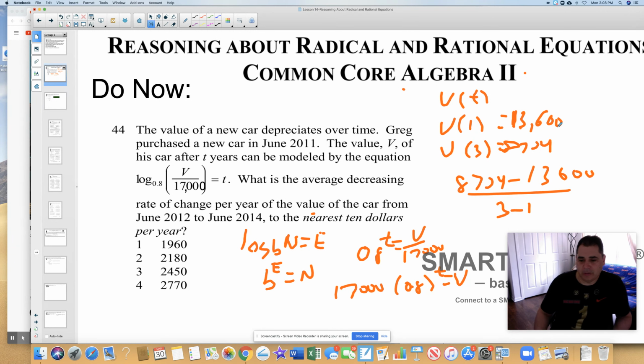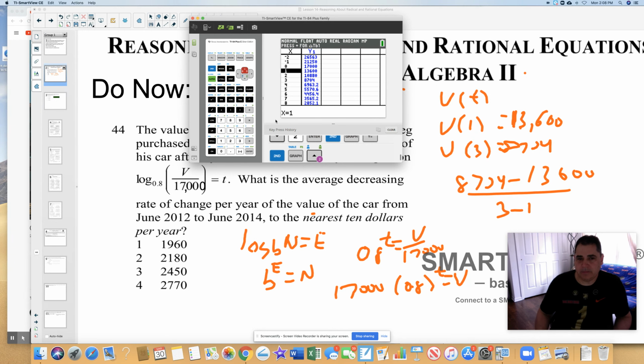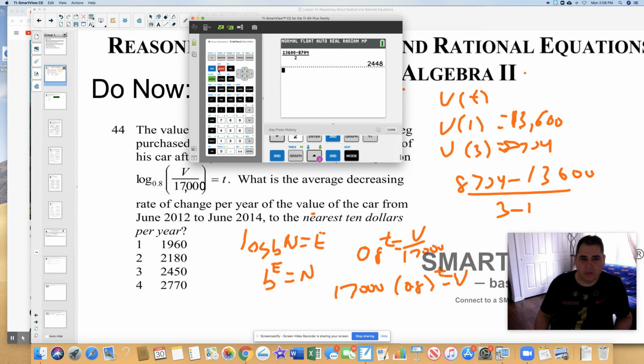So now I'm going to go to my calculator, go back to the home screen. I'm going to use my alpha y equals button because I like that. So alpha y equals, pick number 1, 8704 minus 13,600 over 3 minus 1, which is 2.